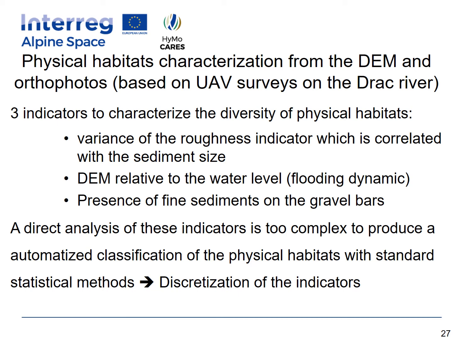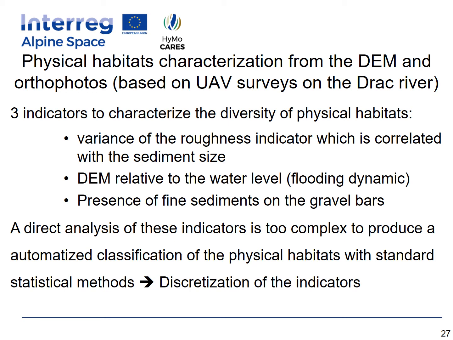The 3 indicators calculated to characterize the diversity of physical habitats are the variance of the roughness indicator, which is correlated with the sediment size, the relative elevation to the water level, which can characterize the flooding dynamic, and the presence of fine sediment in the terrestrial zones.